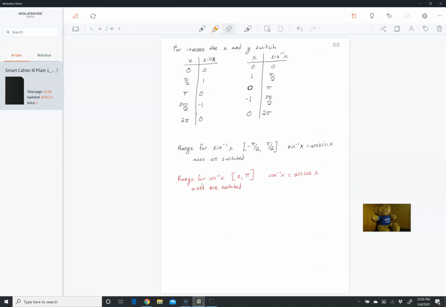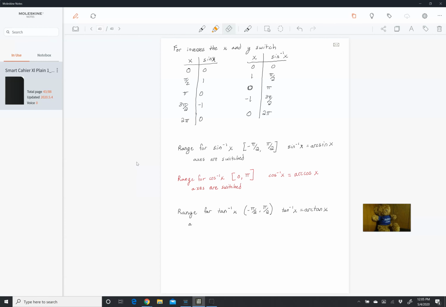The range for tangent inverse of x is also, and here they're asymptotes, so we approach it but we never reach it, negative pi over 2 to pi over 2. The tangent inverse of x is referred to as arctan of x.